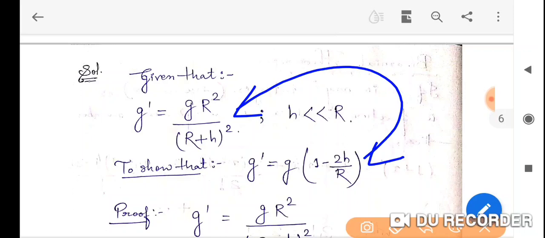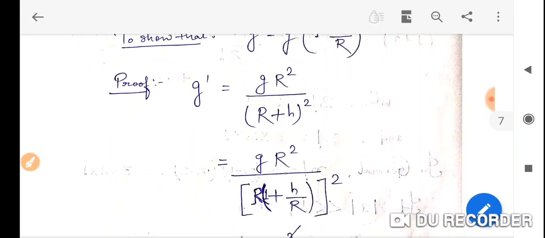But the above equation is reducible in the form g into (1 minus 2h by R). The RHS part will be reduced to g into (1 minus 2h by R) when we use the binomial theorem. Let's see the proof.